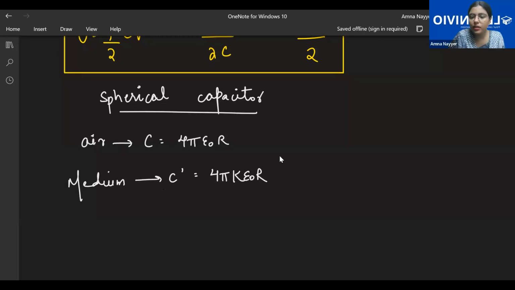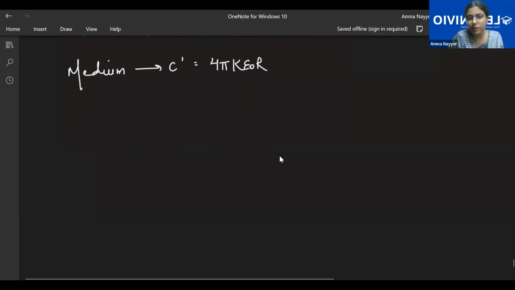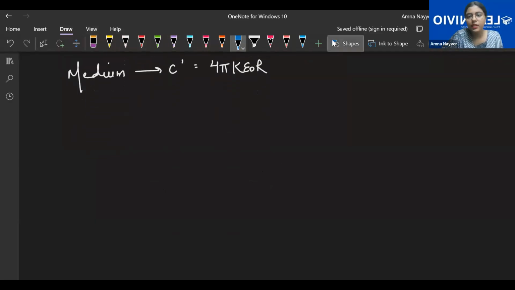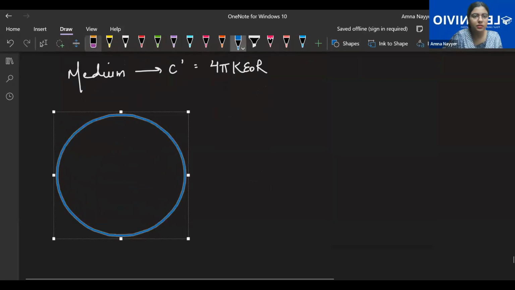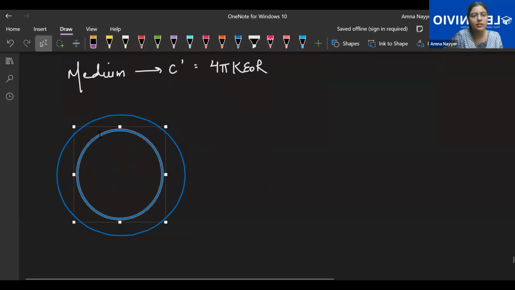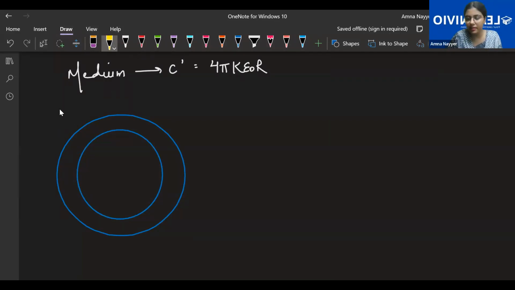But what if you have concentric spheres, with the same charge on them? Let's say you have these two concentric spheres, spherical capacitors basically.